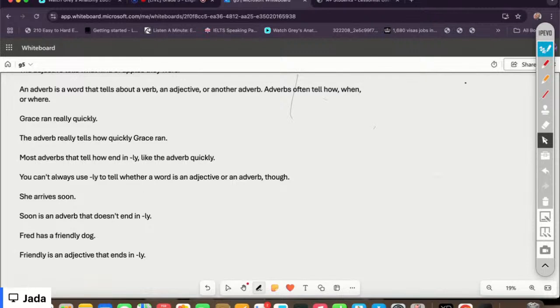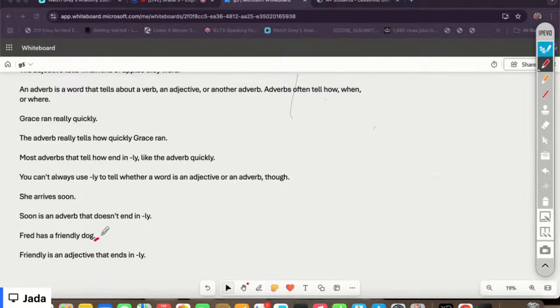So Fred has a friendly dog. Friendly is an adjective that ends with ly. So sometimes we have some adjectives that end with ly. All right. So you cannot just say that once you see ly, then it is an adverb. So sometimes it changes.